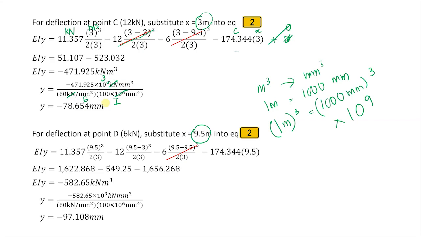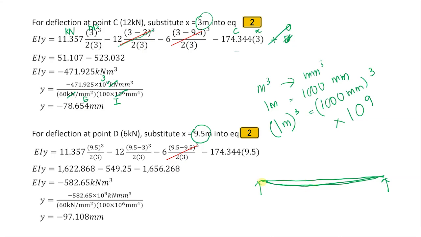Then here I dapat negative 76.654 mm. Negative tu means that beam you like this, right? And there is a force acting on it. So the deflection occurs below the beam.